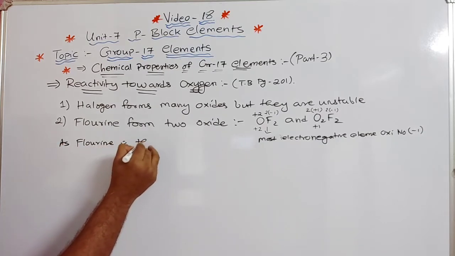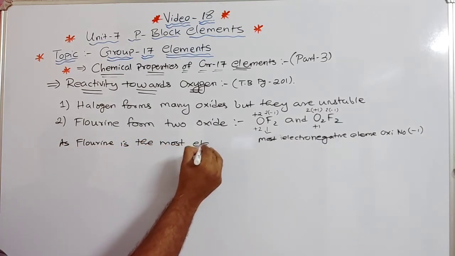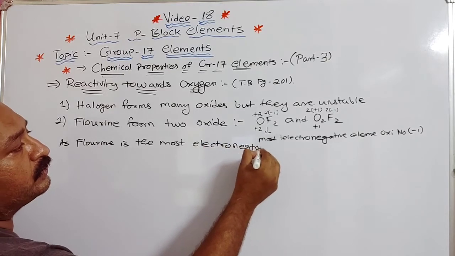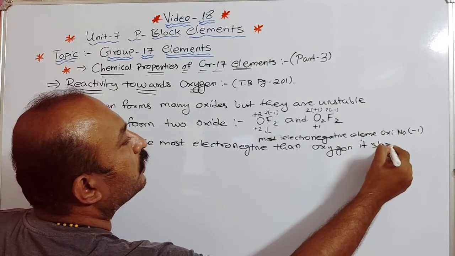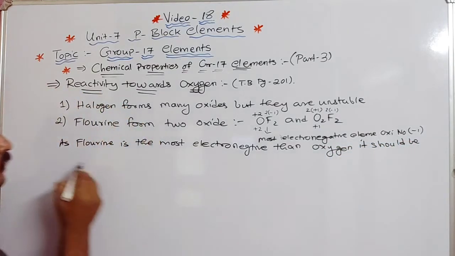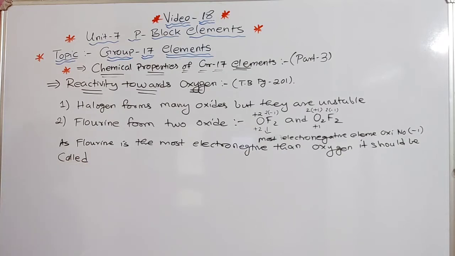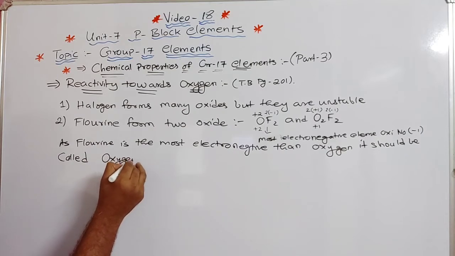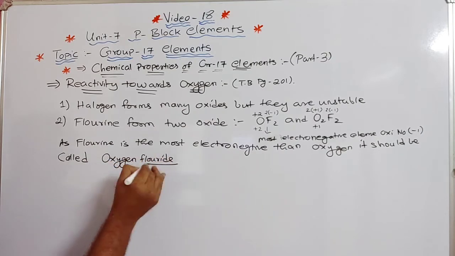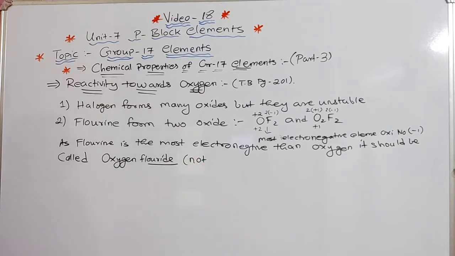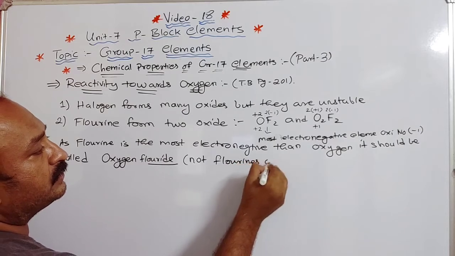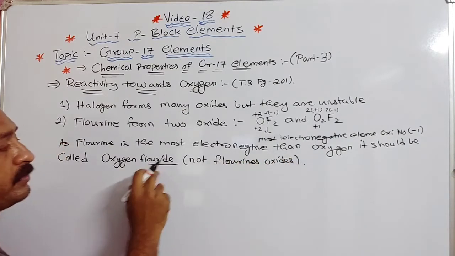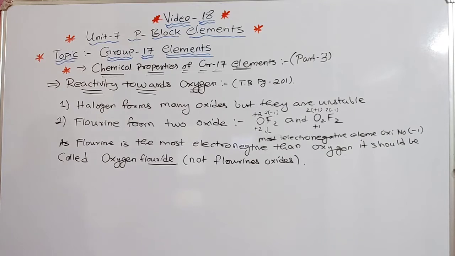As fluorine is more electronegative than oxygen, it should be called oxygen fluoride, with fluoride written at the end, and not fluorine oxides, because electronegativity is given more preference in the parent name. I think this part is understood.